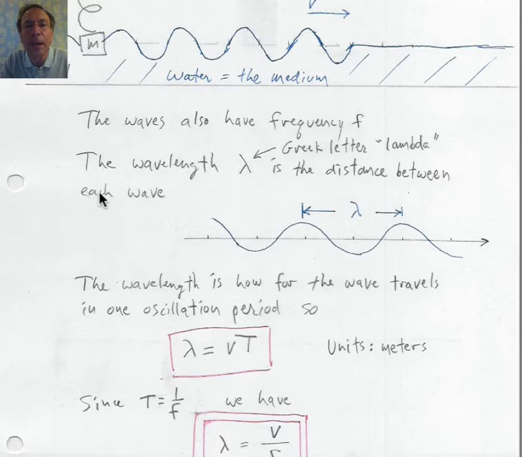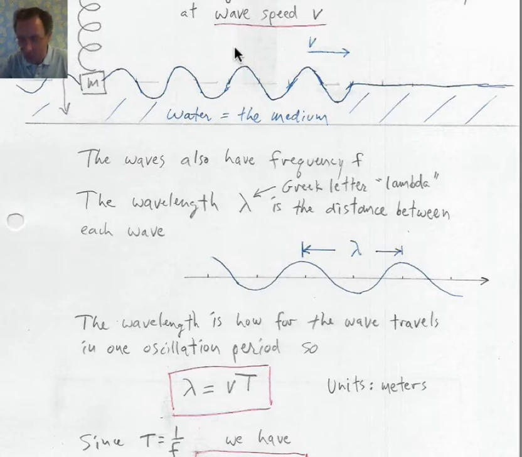Now, the waves that are moving along have a distance from the top of one wave to the next wave, and that's what I'm representing here. That is called the wavelength. So from the top of a wave to the next one, or it could also be from the bottom of a wave to the next bottom, or from a rising zero crossing, where the wave passes through zero.